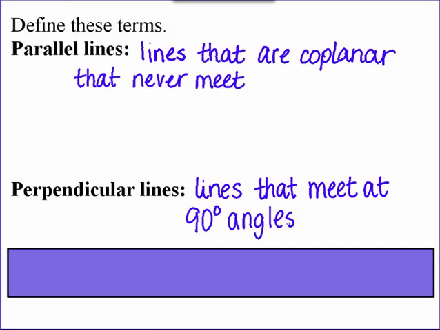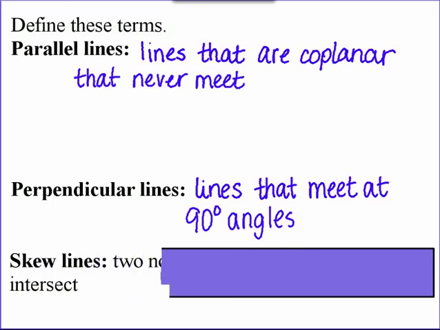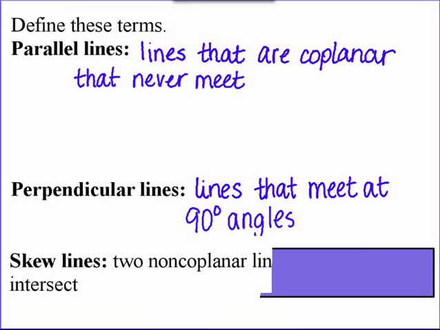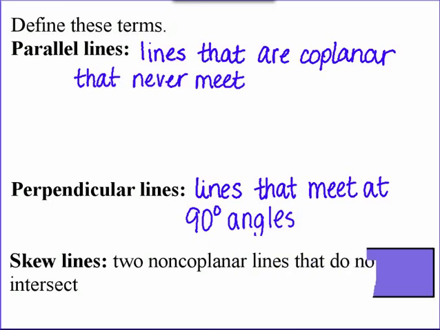Now, if you remember when we first talked about parallel lines, I gave you the analogy about the part in the wall and the part on the ceiling. We actually have something else that you maybe have never heard about, and that's skew lines. Skew lines are an example of that.